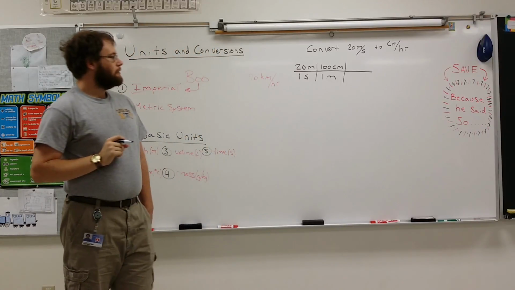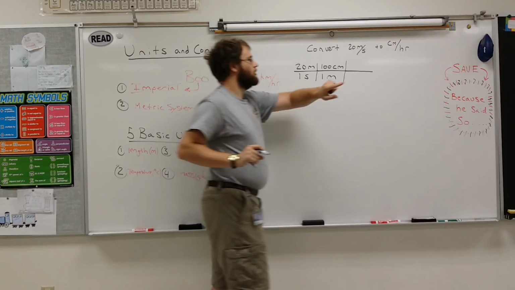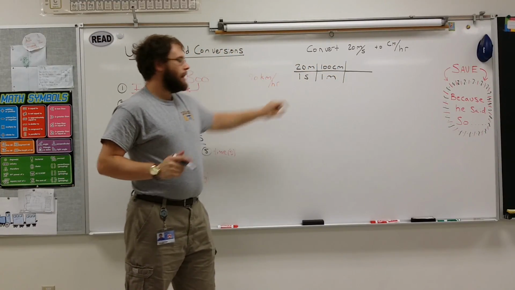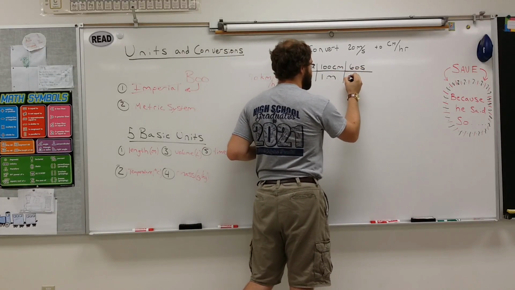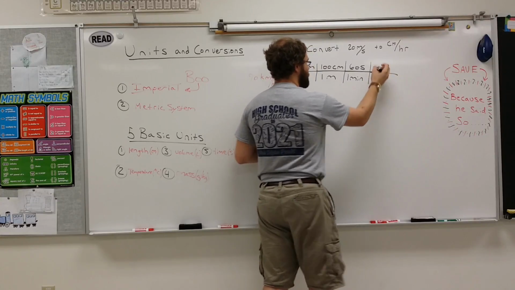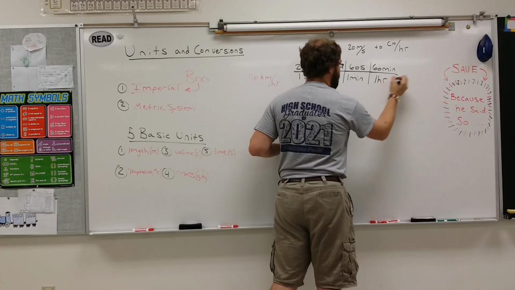And so now I'm at centimeters on my bar. That's good, because I need centimeters in my final answer. And now I need to go to hours. In 1 second, I've got 1 second on the bottom, so I'm going to put 60 seconds up here. There are 60 seconds in 1 minute. And there are 60 minutes in 1 hour.